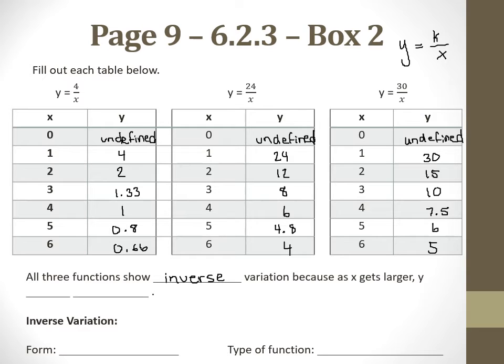Because as x gets larger, notice what happens to the y values. We are going from 4 to 2 to 1. In the first example, from 24 to 12 down to 8. Or in the last column, from 30 to 15 to 10. As x is getting larger, y is getting smaller.